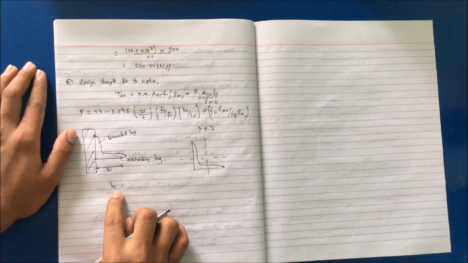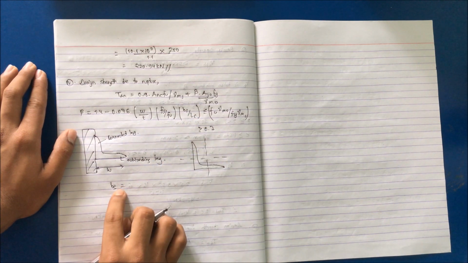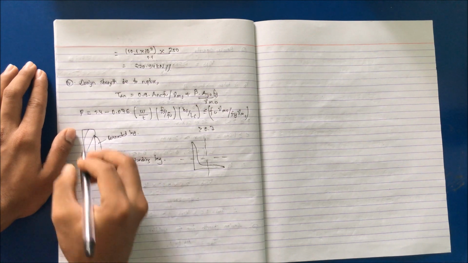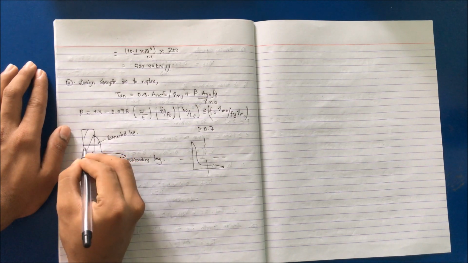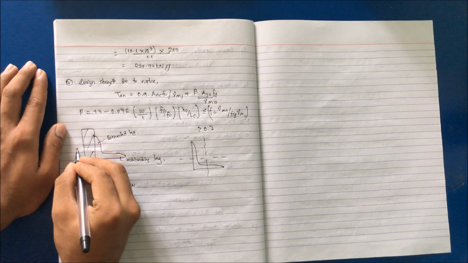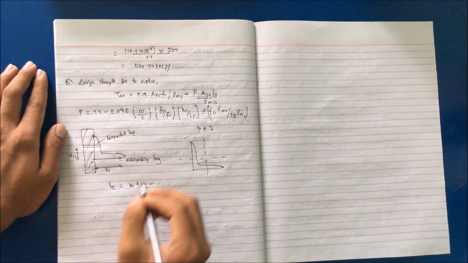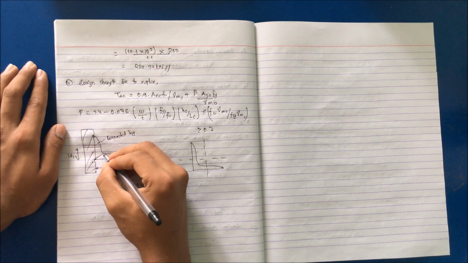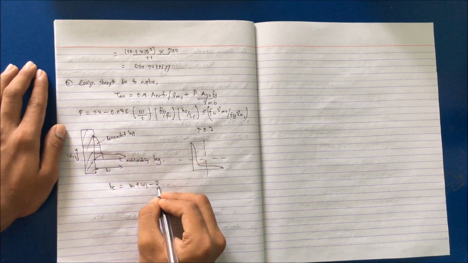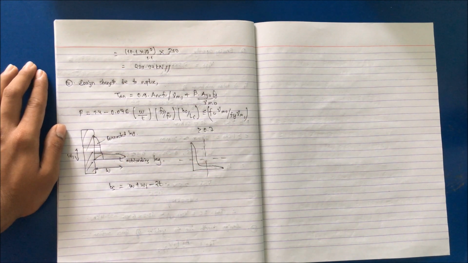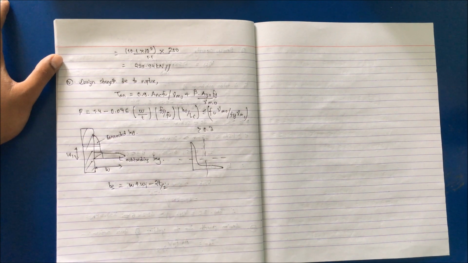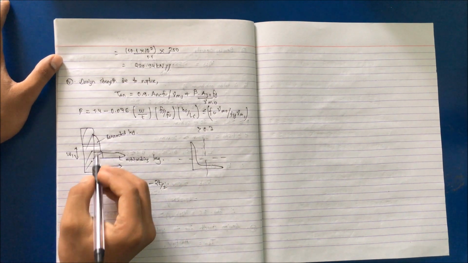So Bs is equal to the shear lag width, which is given by W, and here we have a bolt. If this is W1, then W plus W1 minus t/2 minus t/2. Why t/2?